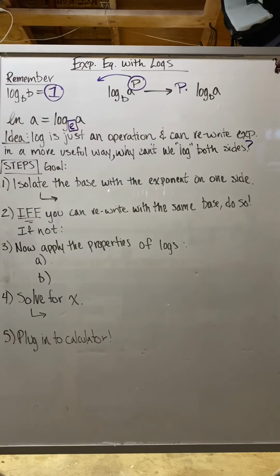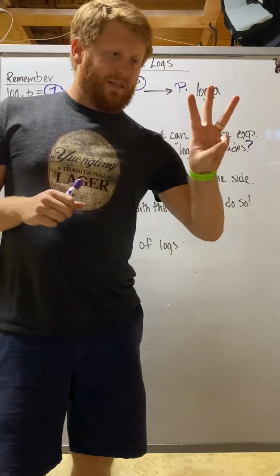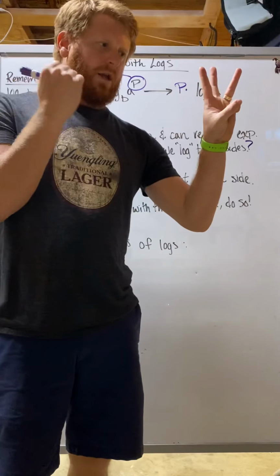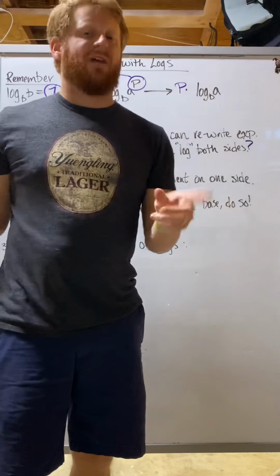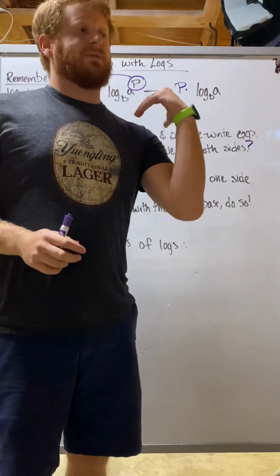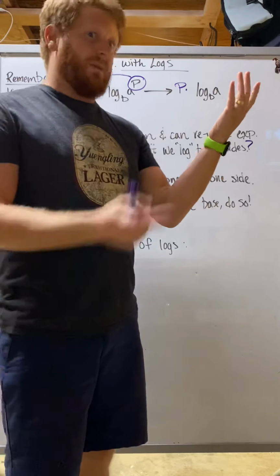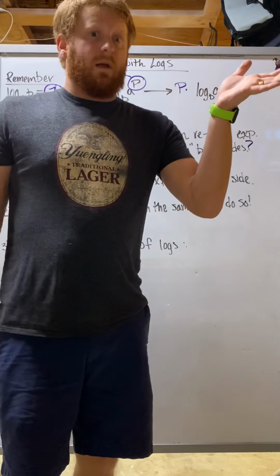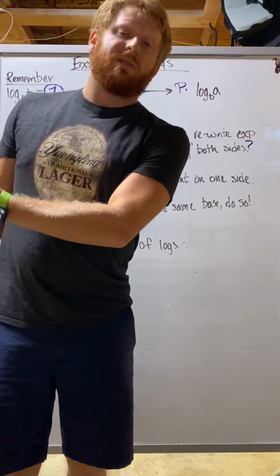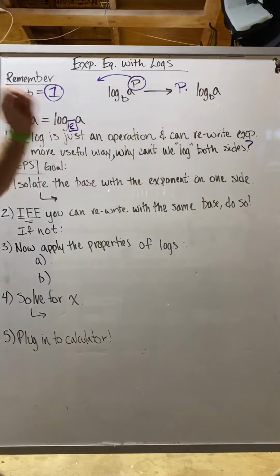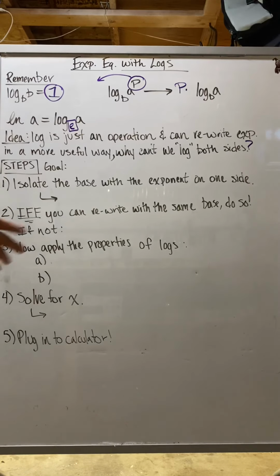The same way that if you need to move a 3 that's adding on this side over here, you would do it with subtraction, but you have to do it to both sides. If you have something multiplying onto what you want on the left side, and you want to unmultiply it, you would do it to both sides. You get to do that starting to use log as an operation. All right, and that's kind of our big thing for today.